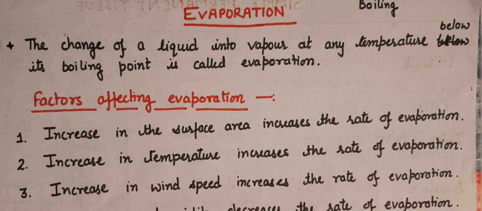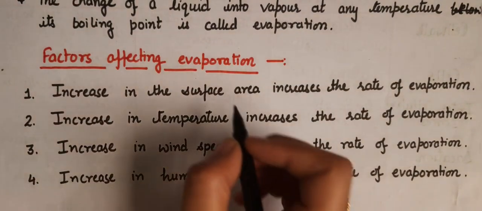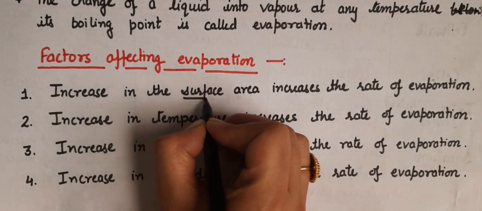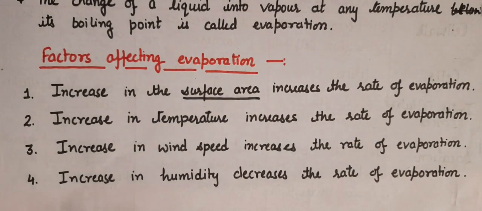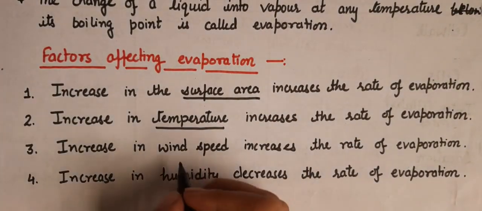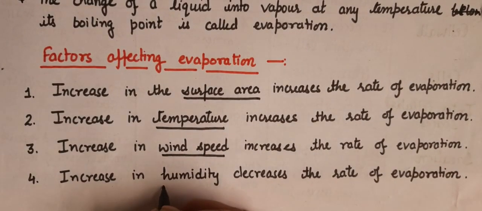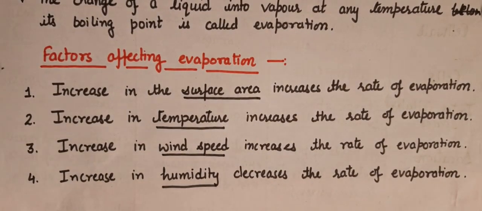Now, what are the factors which affect evaporation? Perhaps you remember, but if you don't, there are 4 factors. What are these 4 factors? One is surface area. Second is temperature. Third one is wind speed. And fourth one is humidity.